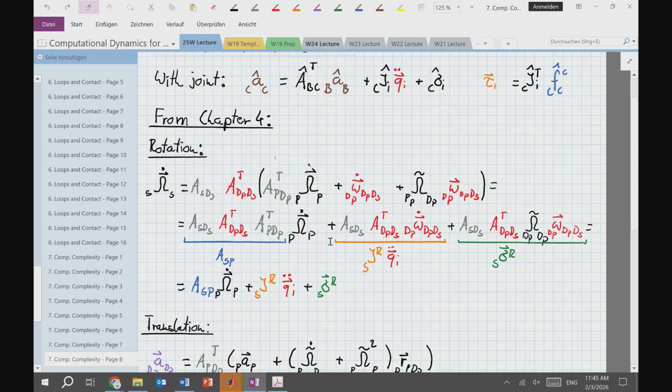And I can expand this and rearrange it, and I basically get here for my acceleration of the successor body, it is something times the acceleration of the predecessor body. We just identify this as a rotation matrix.